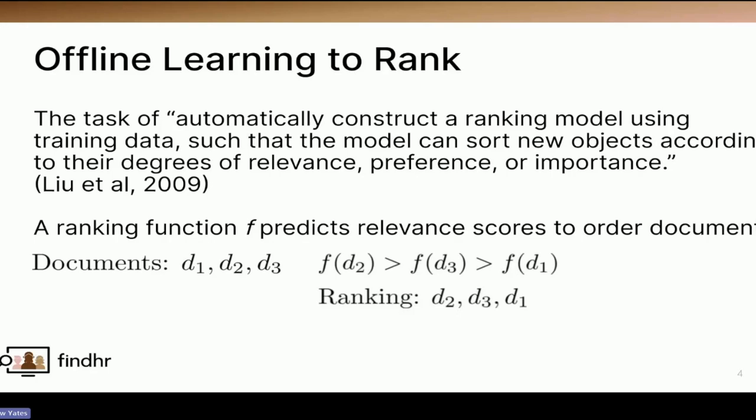In a very traditional offline learning to rank context, you can think of even ambiguous queries. For example, you have a query like apple. Maybe apple is the fruit, maybe apple is a type of computer. A search system probably wants to balance these two senses in order to satisfy the user, so that if the user is searching for the computer, their document could be found in the top items.